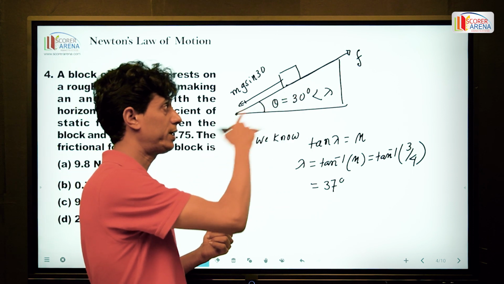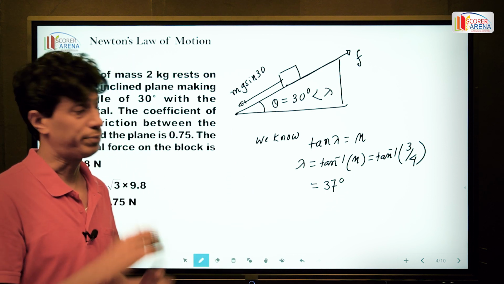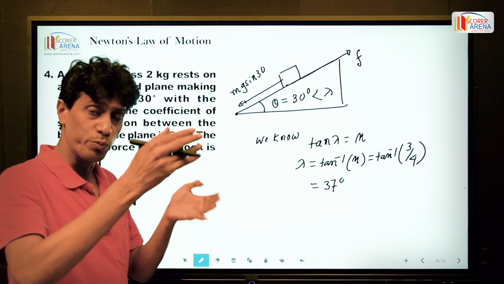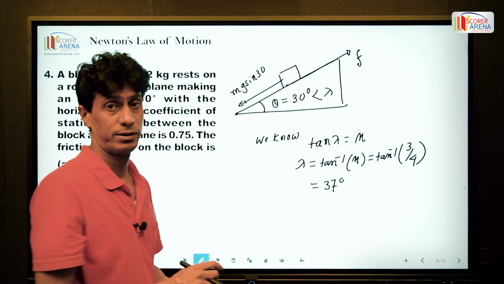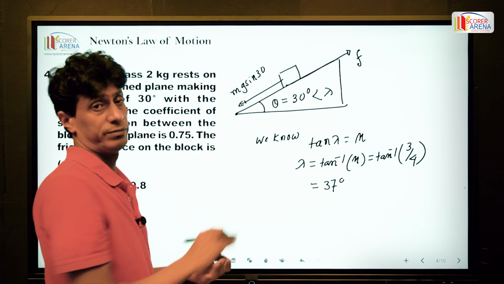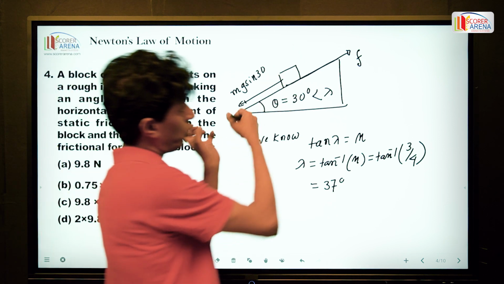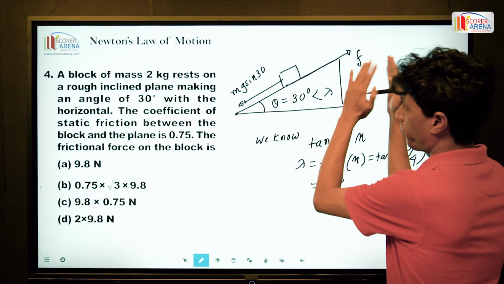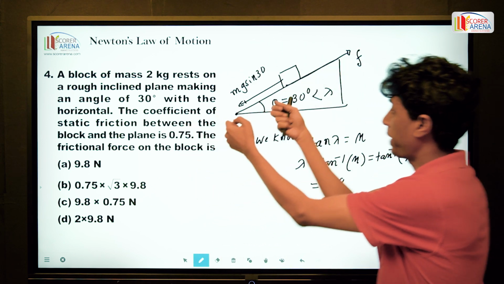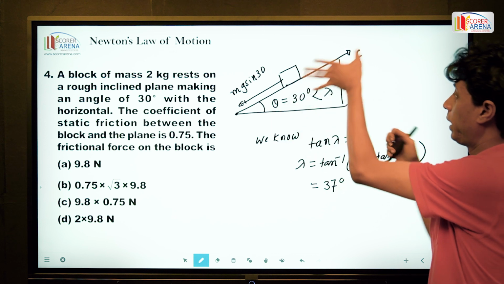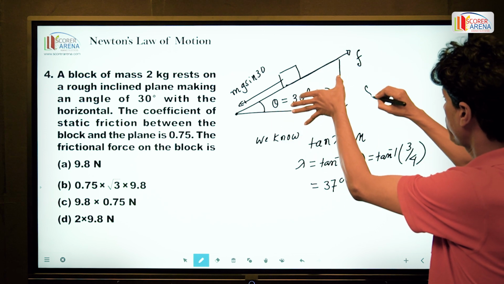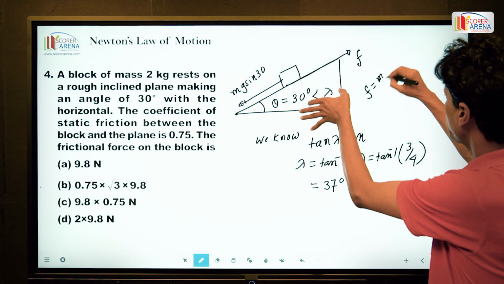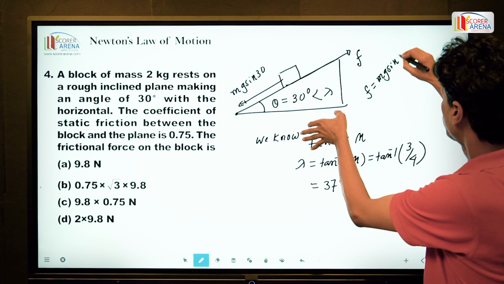Though this body is not moving, the body has the tendency to move down because of the mg sine theta, and friction opposes the tendency of movement of the body downward. So friction acts upward, and numerically this friction is equal to mg sine 30.